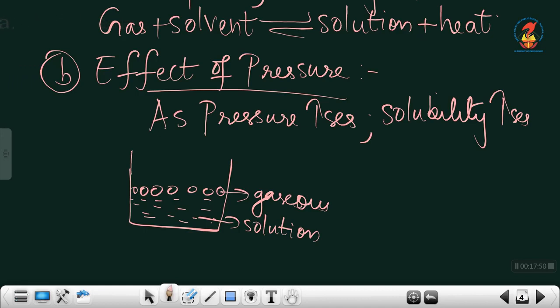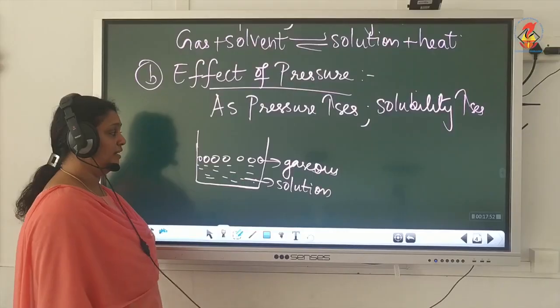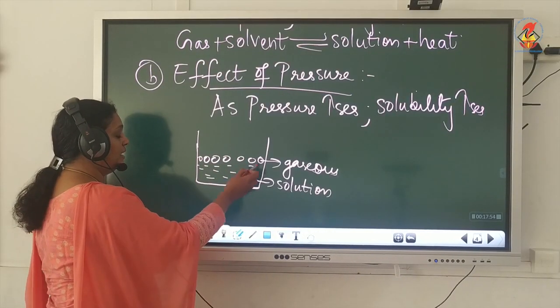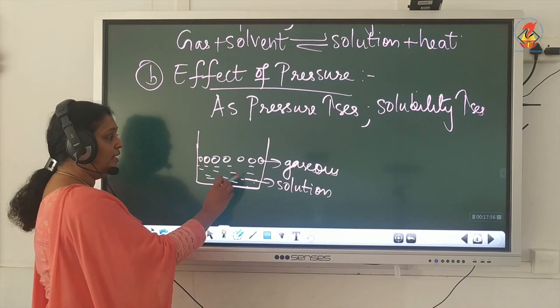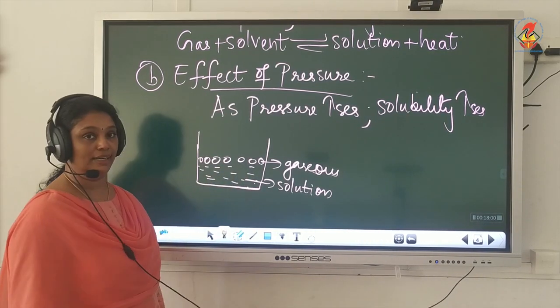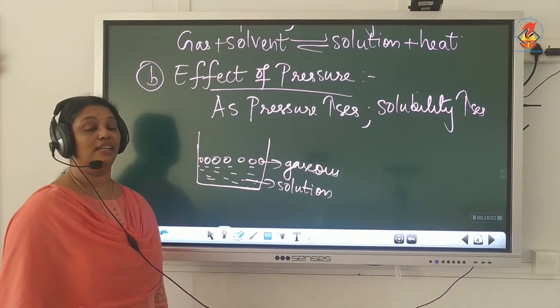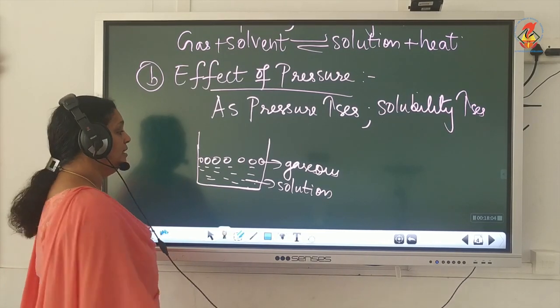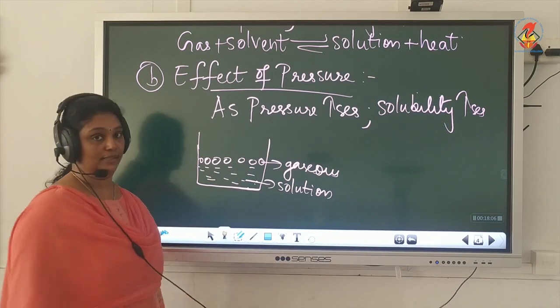In the beginning, a few gas particles will go into the solution, and after some time some particles from the solution will come back to the gaseous state, and finally an equilibrium is established between the solution and gaseous particles.